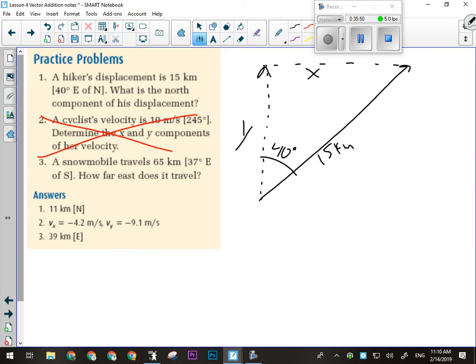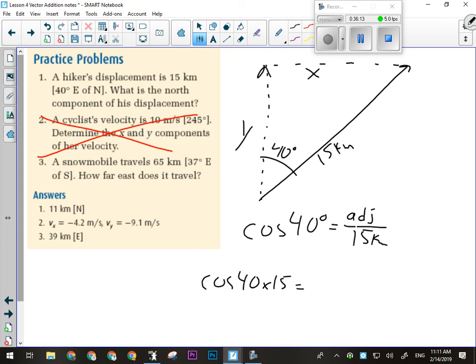So I'm going to say that the cos of 40 degrees equals the adjacent side, which is y, divided by the hypotenuse, which is 15 kilometers. If I want to get that adjacent side, I multiply both sides by 15 kilometers. So I'll have cos of 40 times 15 equals my north-directed component.